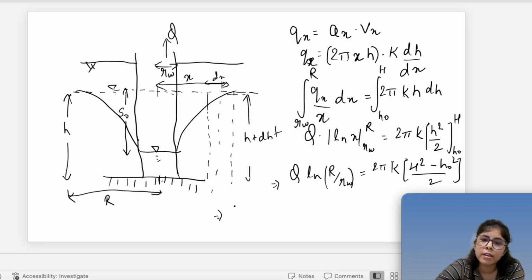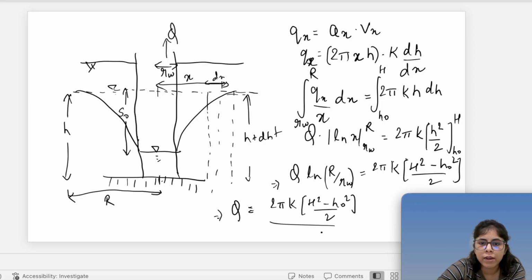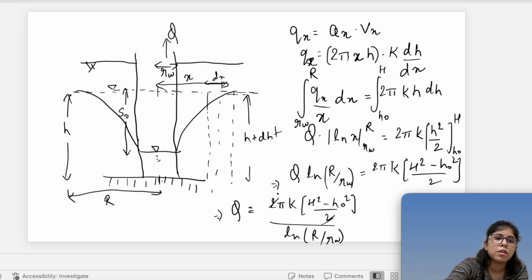So if I rearrange it, I get Q equal to 2 pi k, h square minus h naught square upon 2, divided by ln R upon rw. So this is what the formula is, and I can cancel this 2 with that 2.